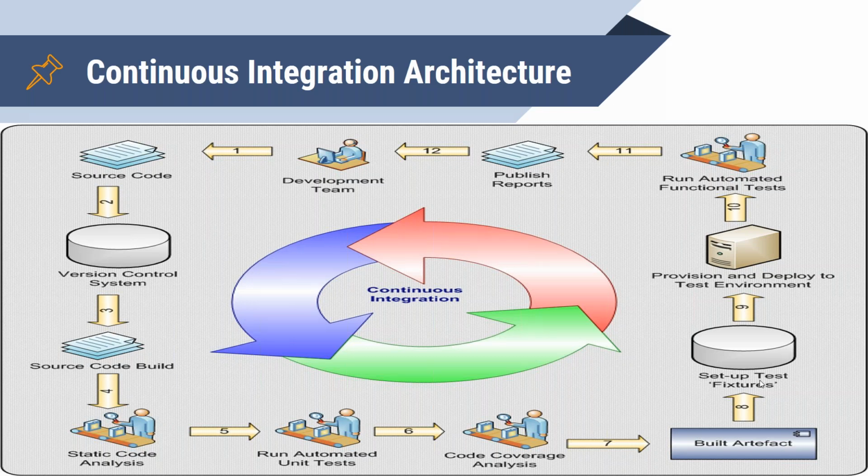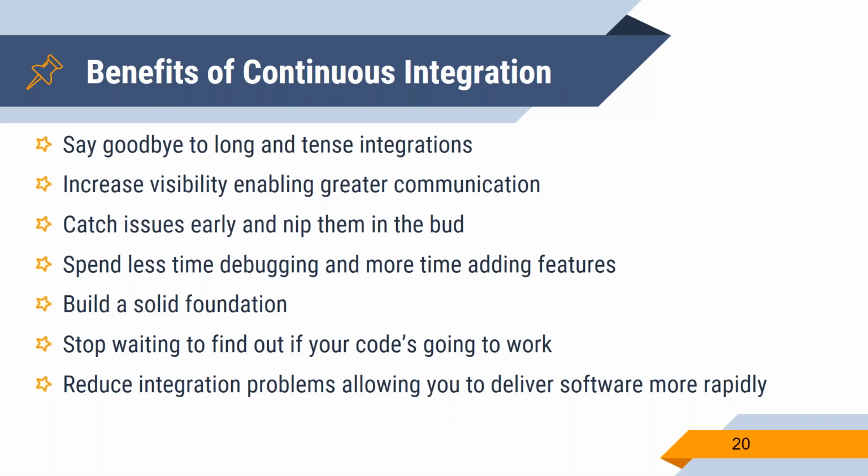These are the benefits: saying goodbye to long and tense integrations, and increased visibility, enabling greater communication, because we are giving frequent feedback to the customer, the development team and the testing team, that these functionalities are failing, and this is the code having a build issue.